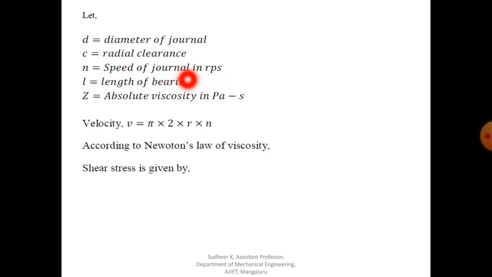L is the length of the bearing, and capital Z is the absolute viscosity in Pascal second. These are the important terminologies. C is the distance between the journal and bearing surfaces, which is the radial clearance.